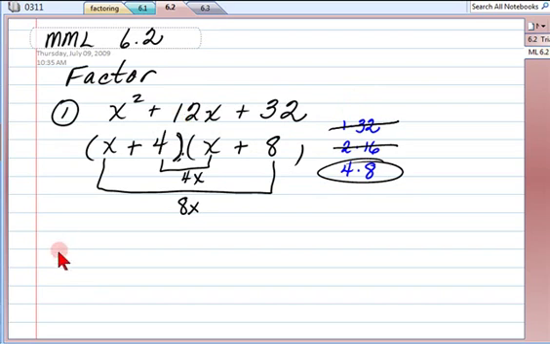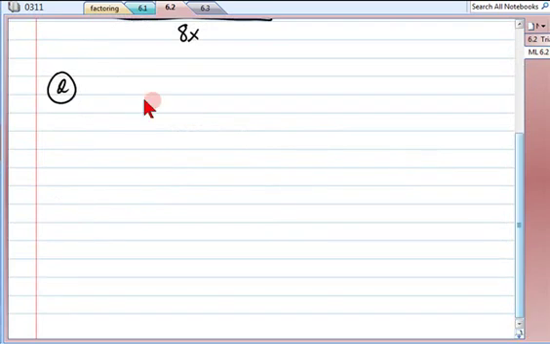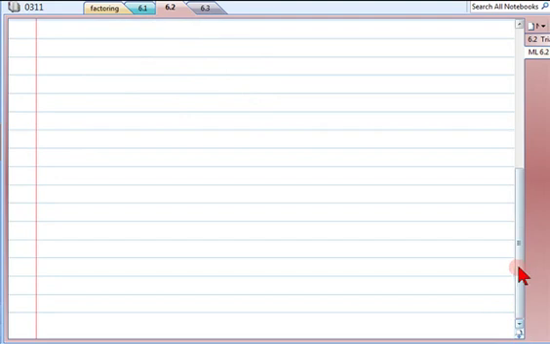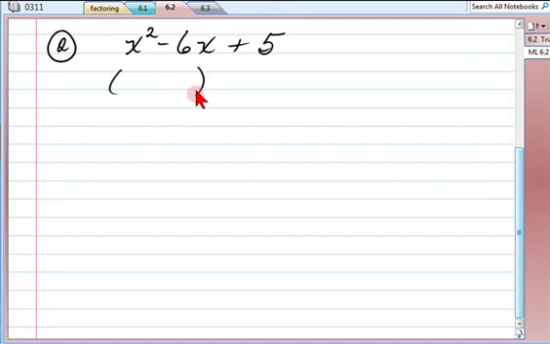Let's look at number 2. Let's factor x squared minus 6x plus 5. All right, is there a common factor? No. It has 3 terms, which means I'm going to look at trial and error. So I start by putting down my parentheses.